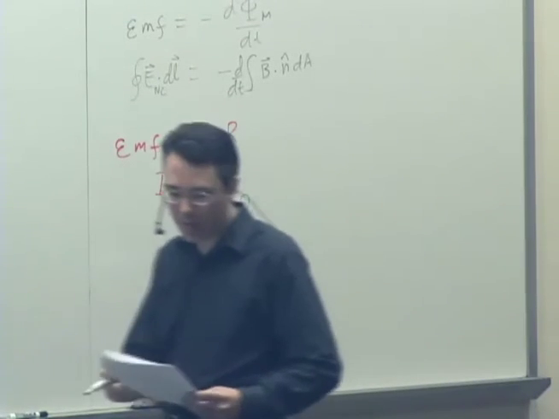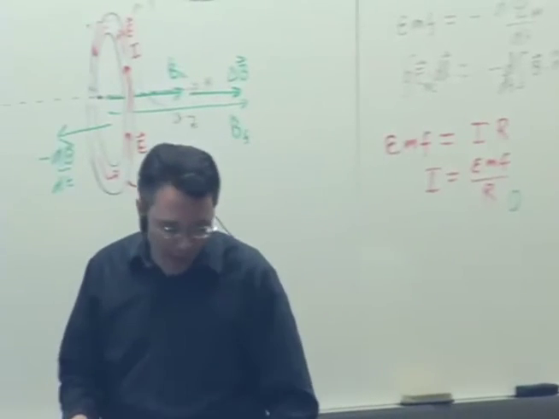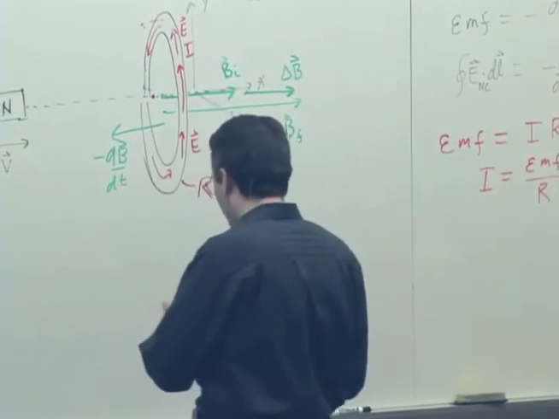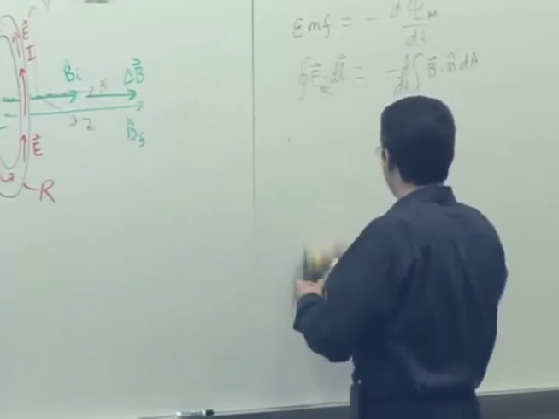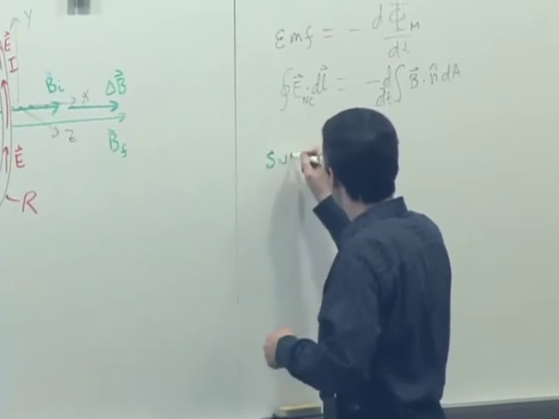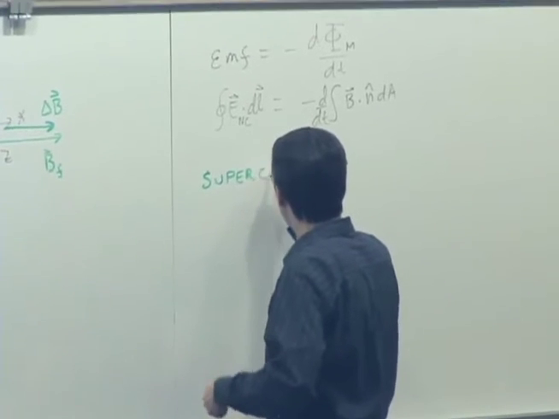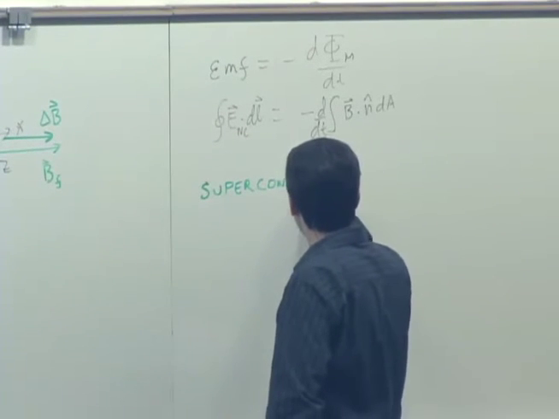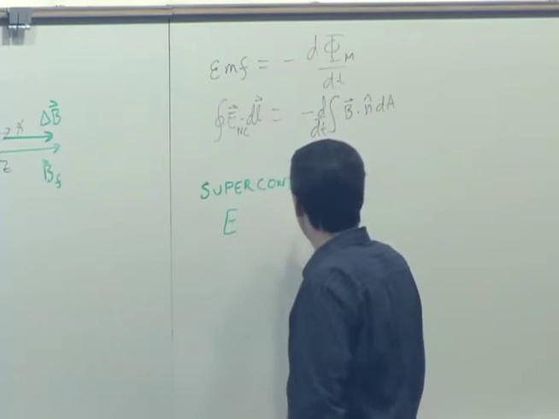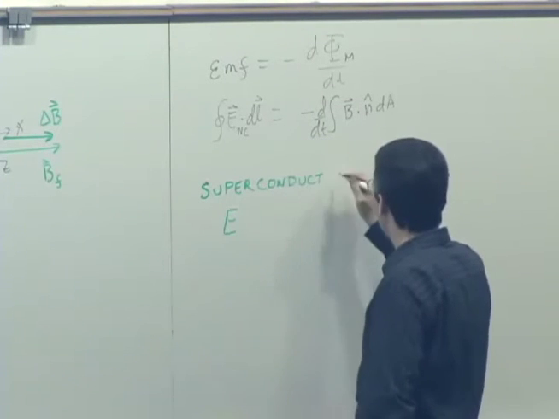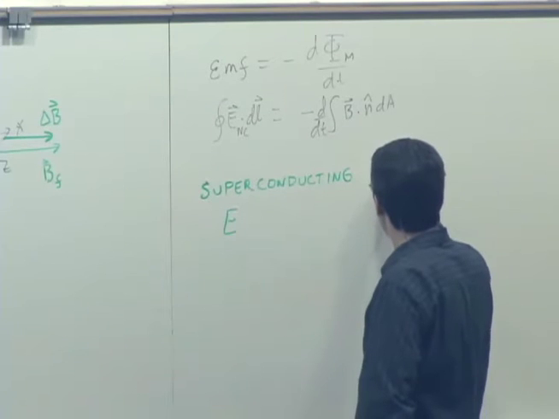What happens instead is that for a superconductor, you end up with a superconducting ring. Let's do this one first. Superconducting ring.